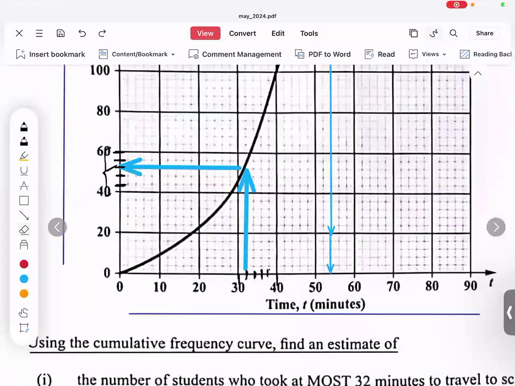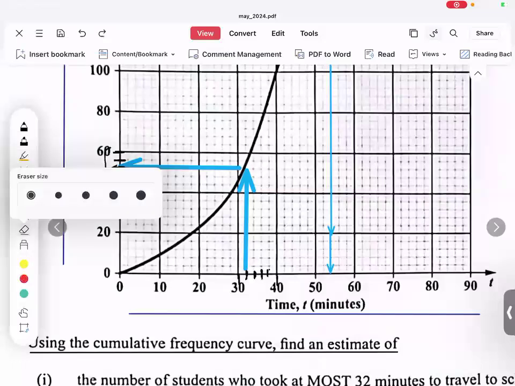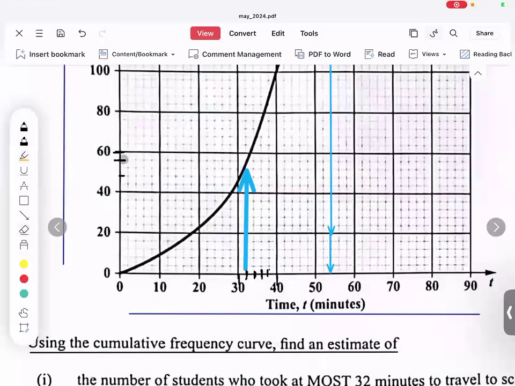Let's see if we can clean up here a little bit. Hold on there, guys. Let me see if we can get a smaller little eraser. Well, it's an eraser. You guys get it still.